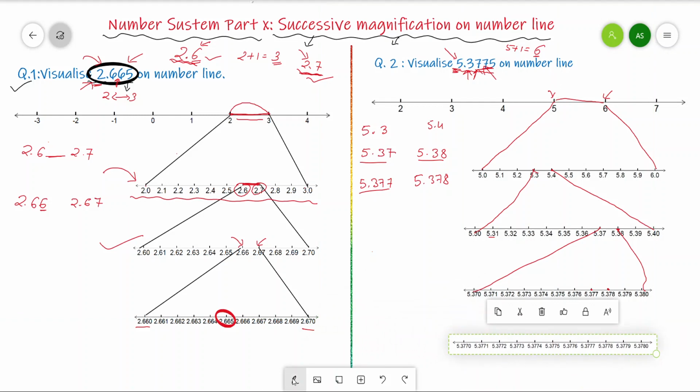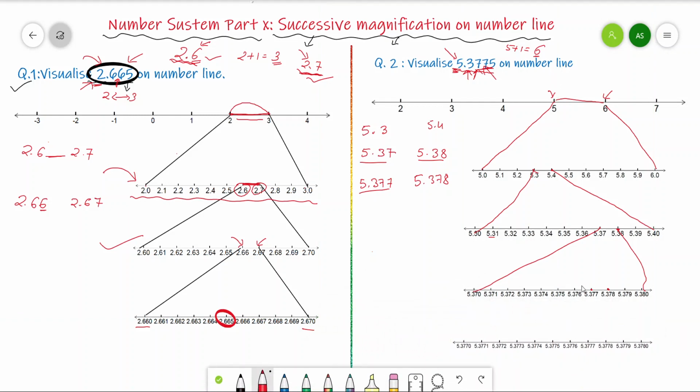This is how it will look, and here it is 5.377, and this is 5.378, and then 5.371, 72, 73, 74, 75. So this is 5.3775. So this is how you can visualize the numbers on the number line.